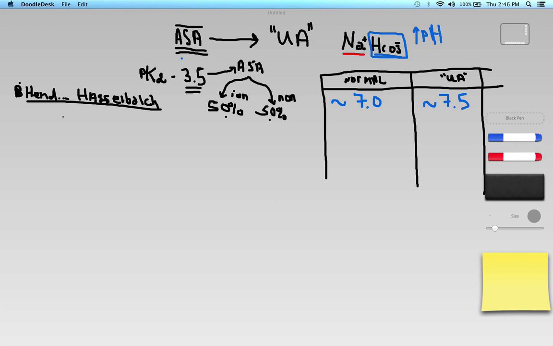The Henderson-Hasselbalch equation takes on the general form of the following. pH equals pKa plus the logarithm of my substance, whatever I'm looking at, in its acidic form over, remember brackets are molar concentration, its deionized form, HA.